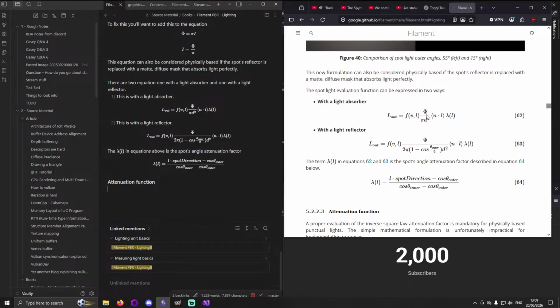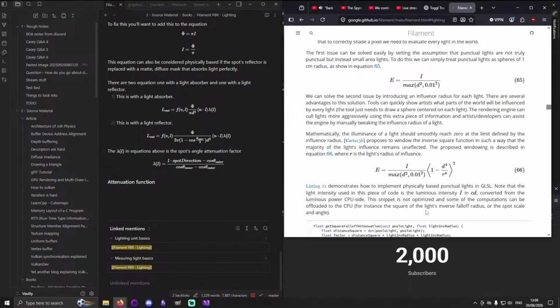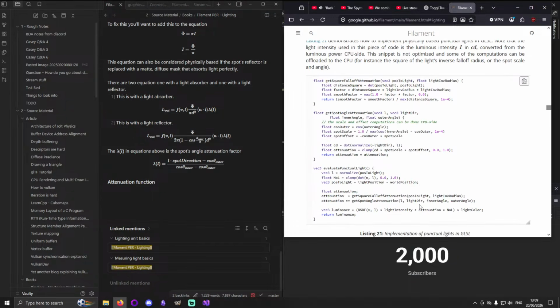The maths doesn't look too bad, but I don't exactly know how to convert outer and inner cosines with the lambda function here. So what we're going to be trying to do today is go through this, and hopefully this explains how to multiply everything together.